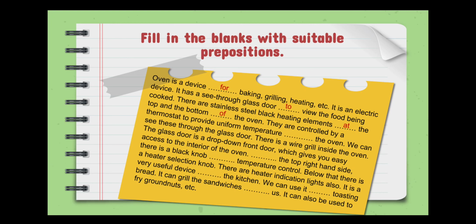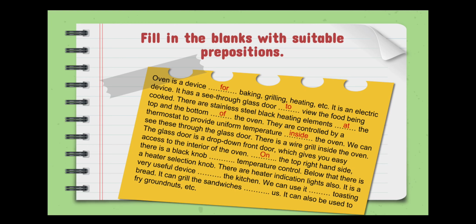They are controlled by a thermostat to provide uniform temperature inside the oven. We can see these through the glass door. There is a wire grill inside the oven. The glass door is a drop-down front door which gives you easy access to the interior of the oven.